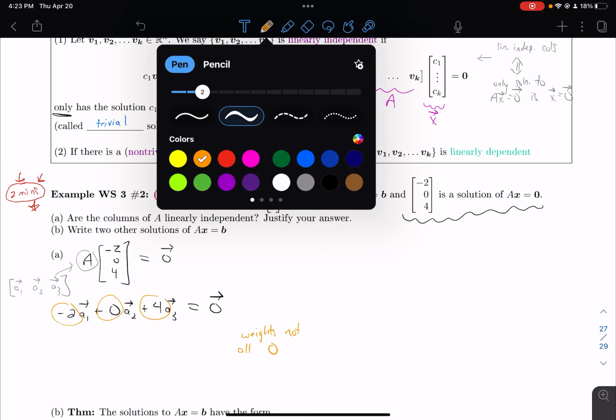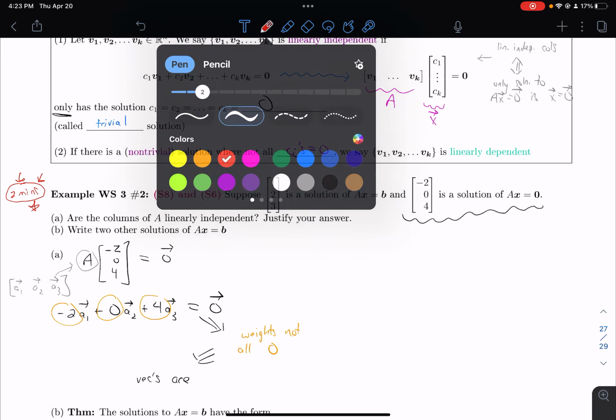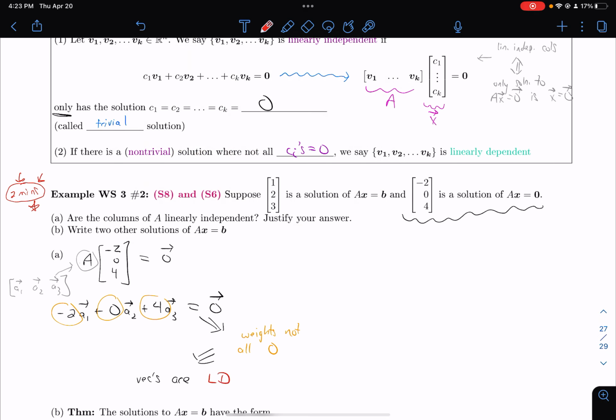So because of that, the vectors are linearly dependent. I'm going to write LD to abbreviate linearly dependent. Okay, nice, and that is my answer. I didn't even need to know the columns of A. Using this piece of information by itself, we were able to determine that the columns were linearly dependent.